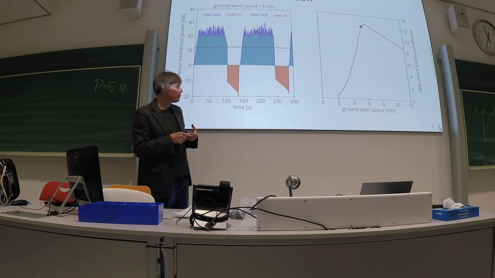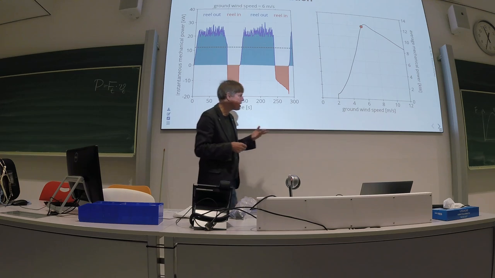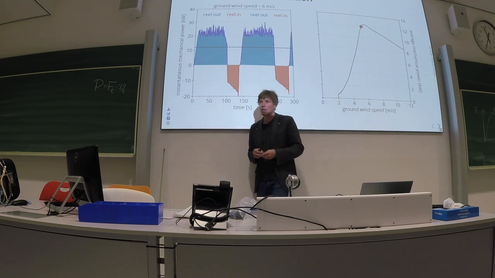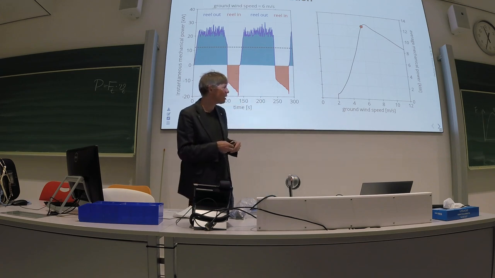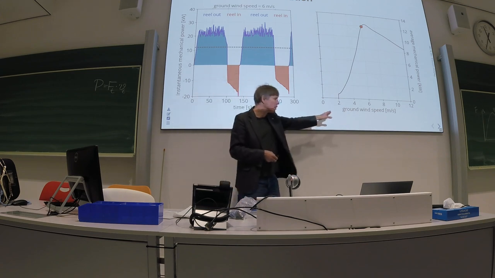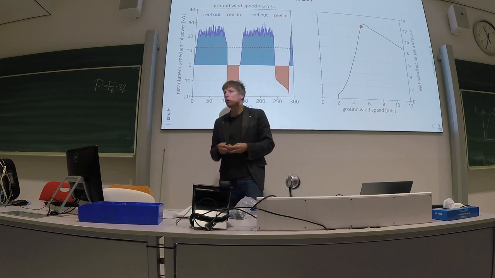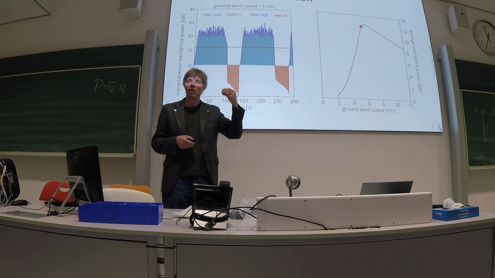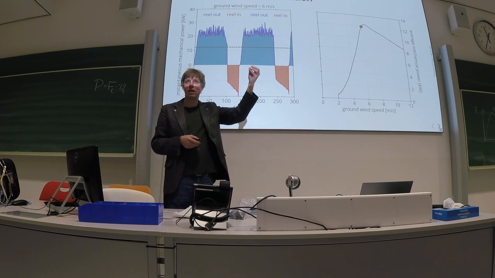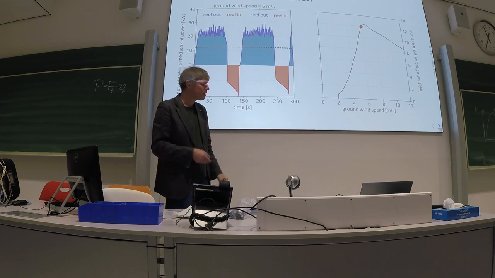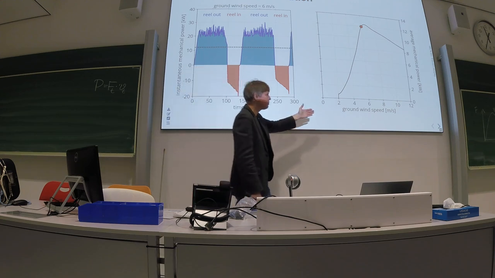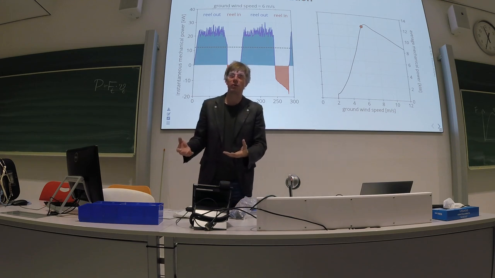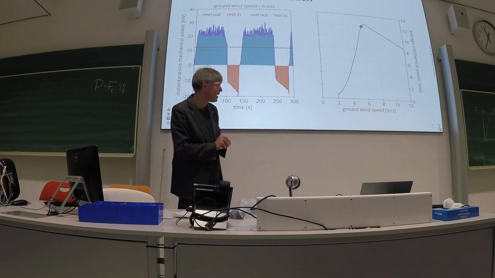Maybe what's also important to mention, at least, here I write ground wind speed. Nowadays we don't use the ground wind speed anymore with kite power or airborne wind, but we use the wind speed that is at the altitude of the kite. This ground wind speed simply comes from the fact that we measured the wind speed at the ground, so that was the only value that we had.